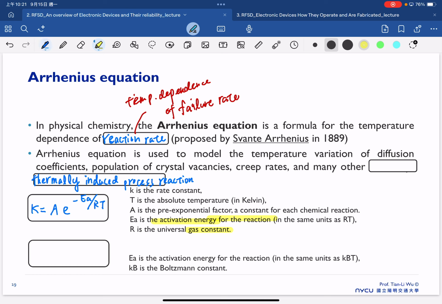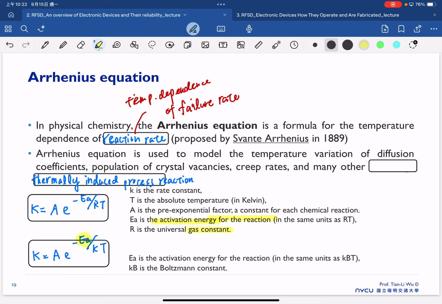But in the case we are interested in the semiconductor, we just slightly revise this equation. It's still the same: k is equal to A exponential minus Ea over, but now we have to put the k here.